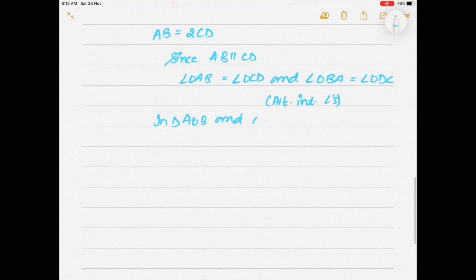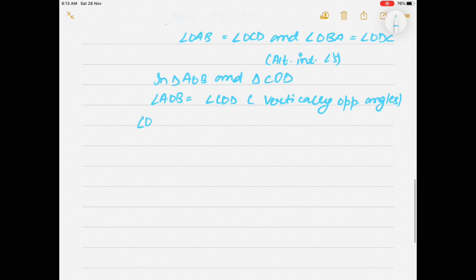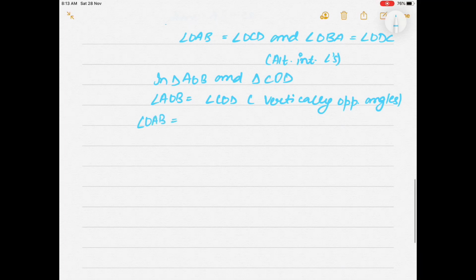In triangle AOB and triangle COD, angle AOB will be equal to angle COD, as these are vertically opposite angles, and angle OAB will be equal to angle OCD, because these are alternate interior angles.